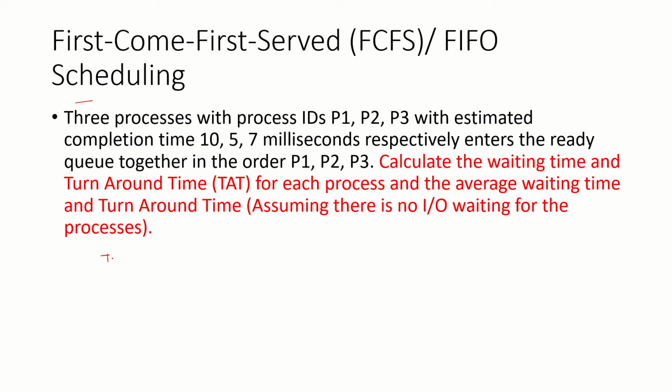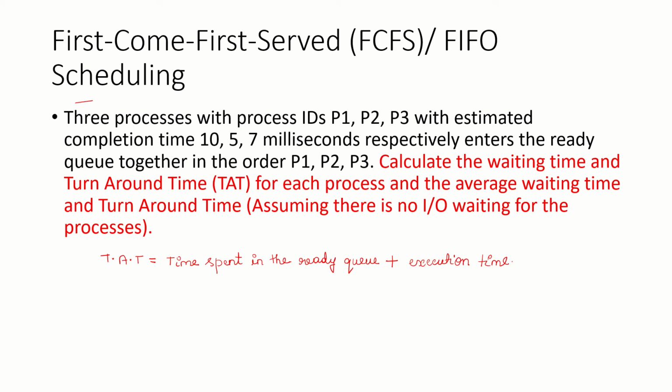Here let me write: TAT, turnaround time, can be given as the time that is spent in the ready queue plus the execution time of the process. Okay, time spent in the ready queue plus the execution time.